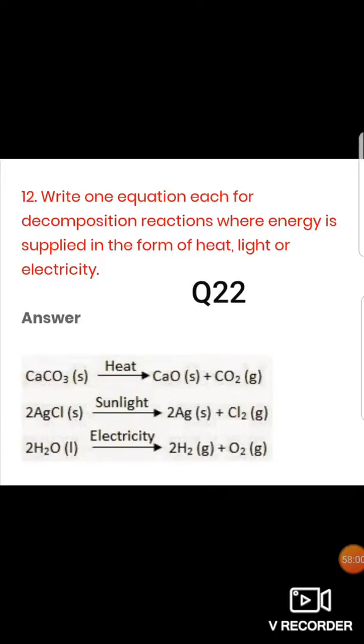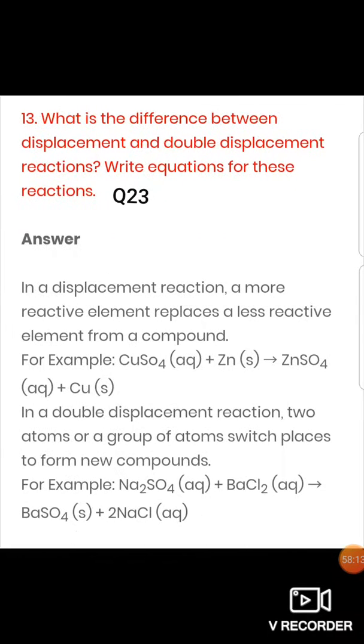Write one equation each of the decomposition reaction where energy is supplied in the form of heat, light or electricity. CaCO3, 2AgCl, H2O. What is the difference between displacement and double displacement reaction? Write equations for these reactions.